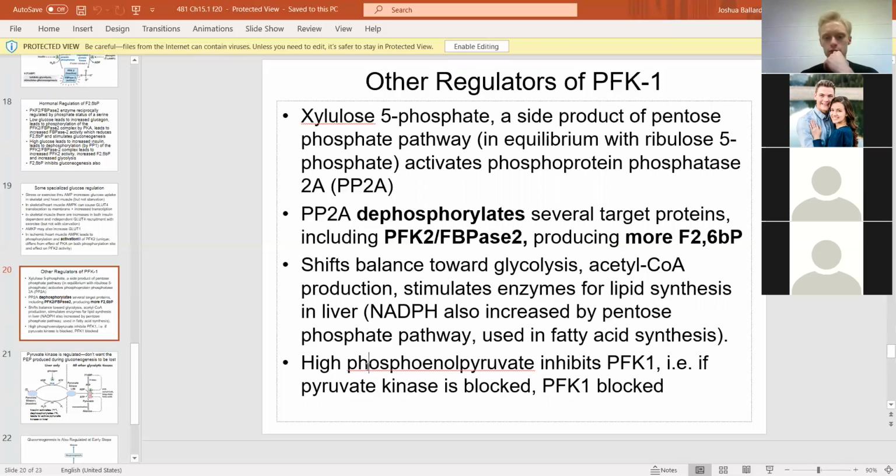Also, high phosphoenolpyruvate inhibits PFK1, so this is a factor that downregulates glycolysis. Phosphoenolpyruvate is our product from step 9 in glycolysis. Because we have a high product value, that will cause downregulation, a negative feedback loop, to decrease glycolysis.